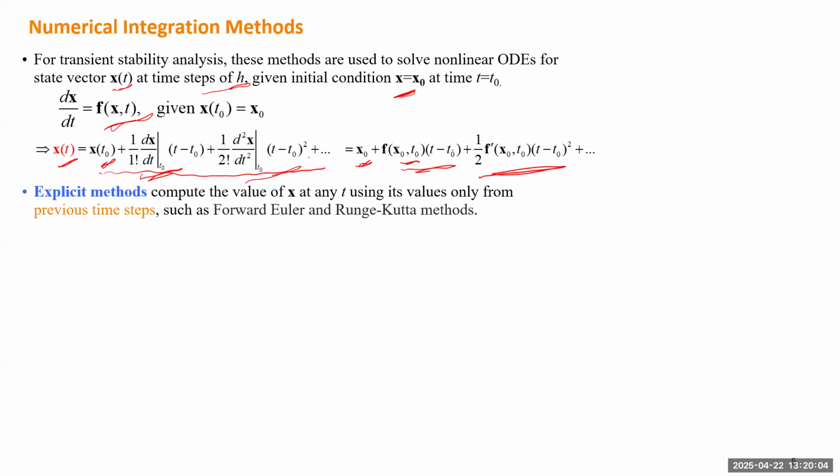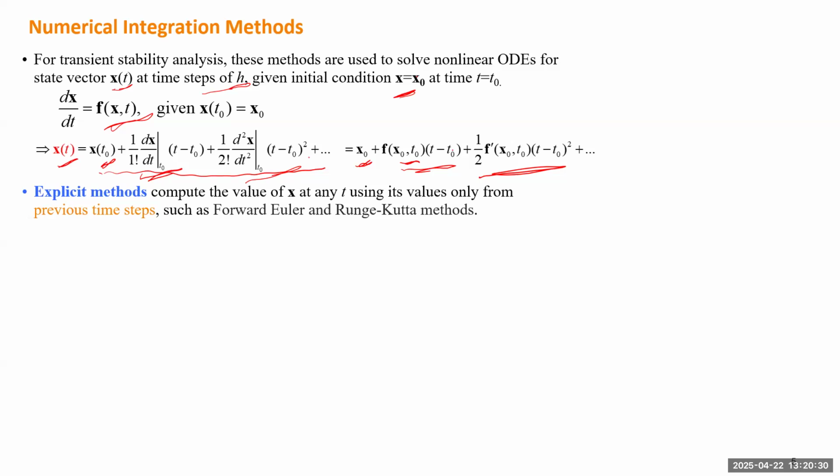You can do that approximation for each time step. If you have finished, say, time step k, you have the state vector value and time at the end of this step. Then utilize that state vector value as the initial point. You plug it into the Taylor series to predict the next value of the state vector.